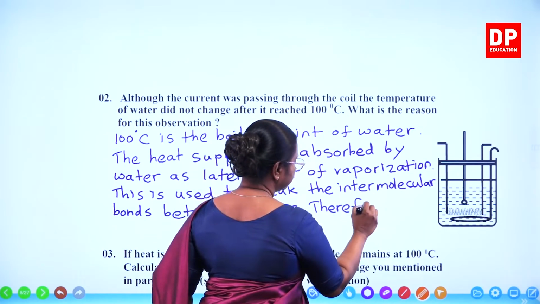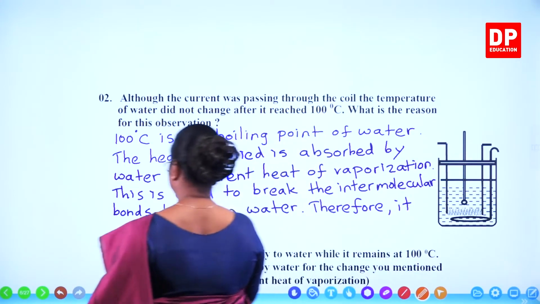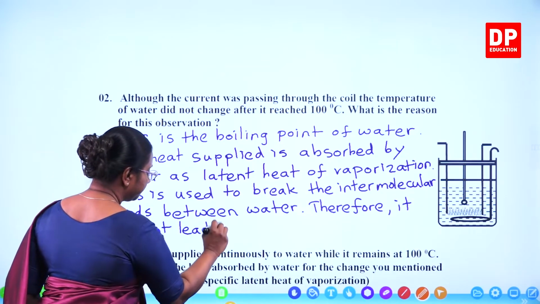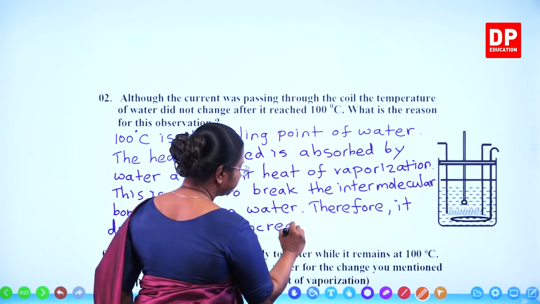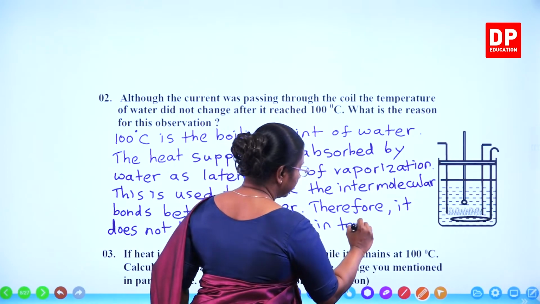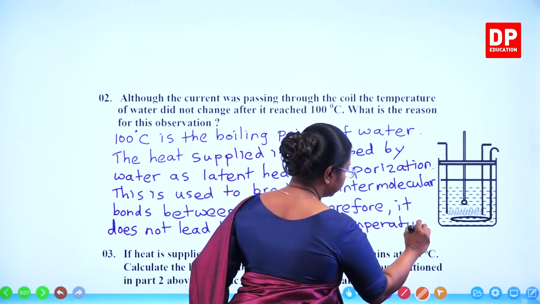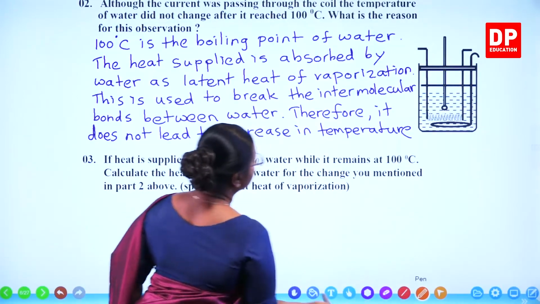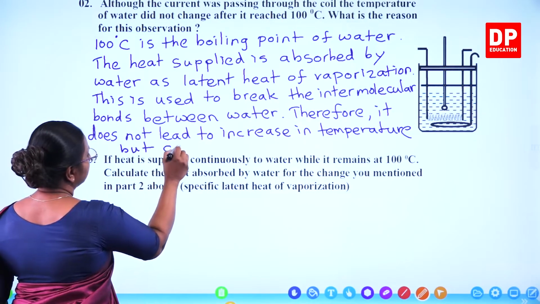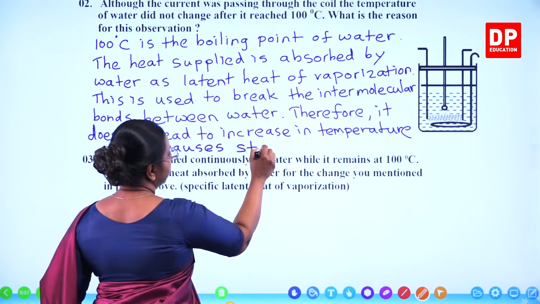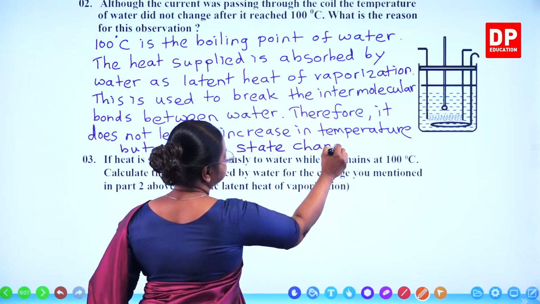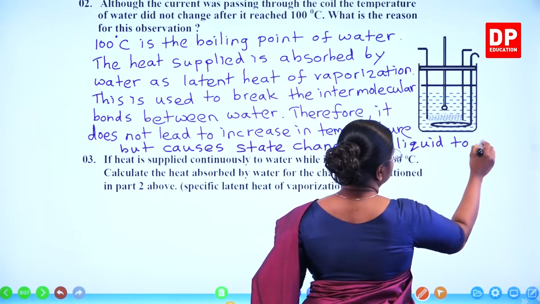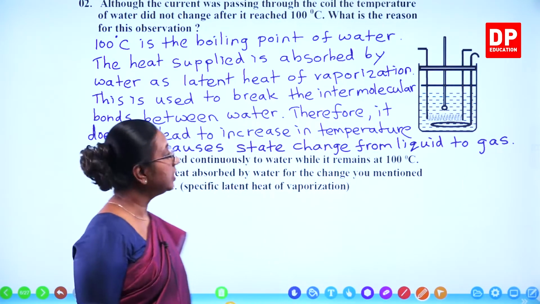Therefore, it does not lead to an increase in temperature but causes a state change from liquid to gas. So that gives you a complete answer.